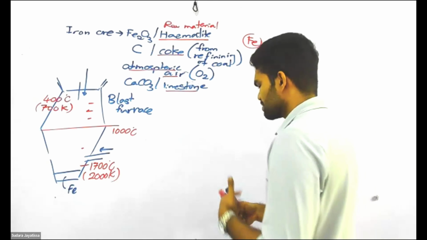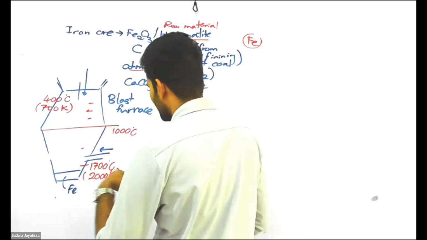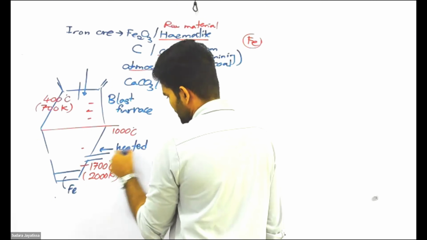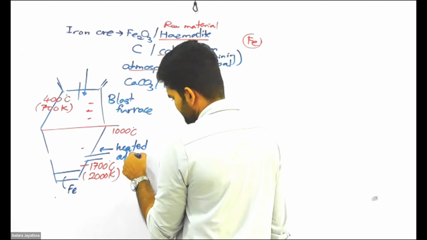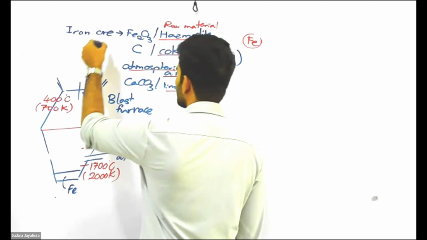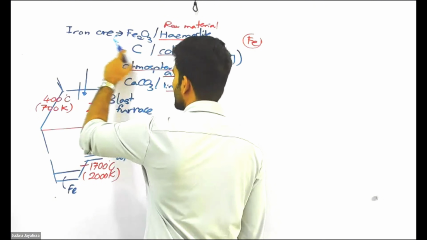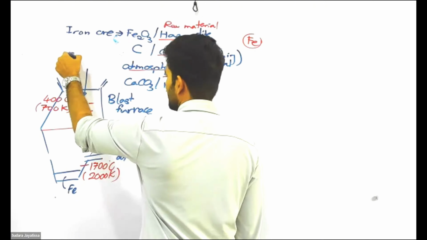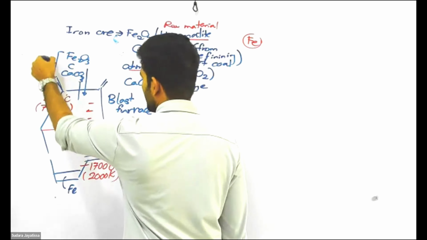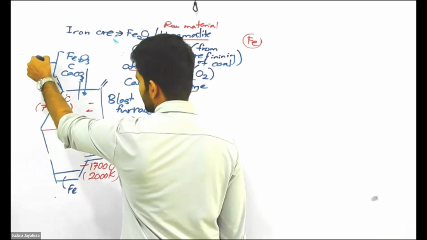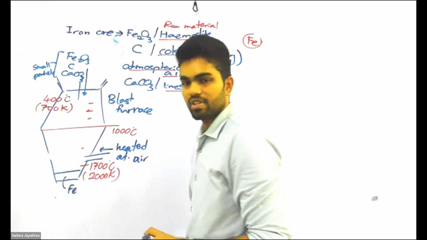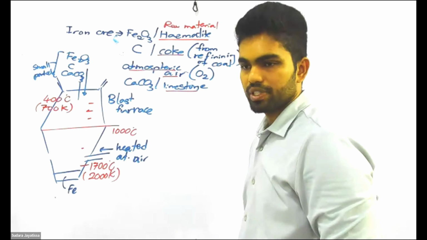From the bottom, like I said, we are inserting heated atmospheric air. And from the top, we are adding the remaining three raw materials: hematite, coke, and calcium carbonate. We turn them into small particles, or you can say powder form, and we add them from the top.